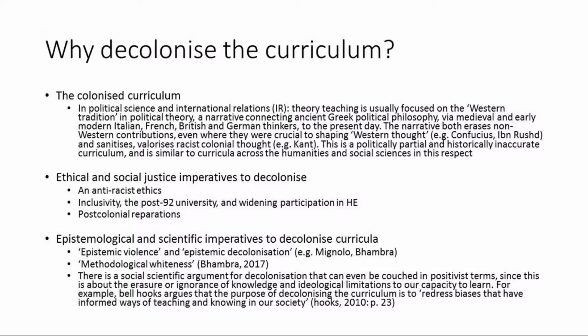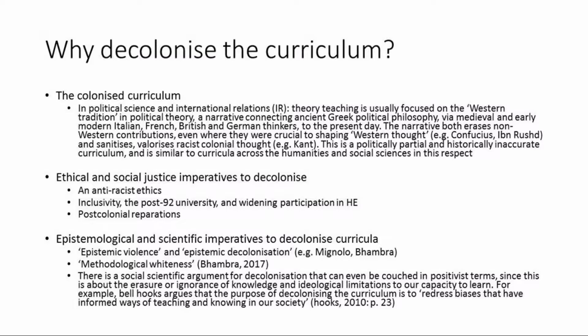It erases the contribution to that thought of scholarship from scholars who are not white. So in the case of political philosophy, those exclusions might include people like Confucius or Ibn Rushd, without whose contributions the thought of many Western European political philosophers would simply not have been possible, and who directly took and adapted and appropriated the work of those scholars from the global south and so on.